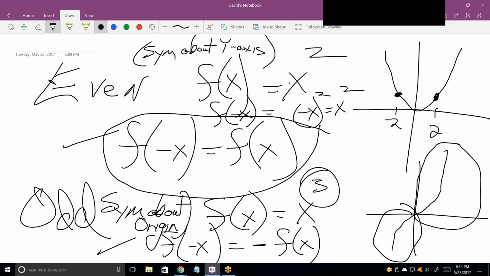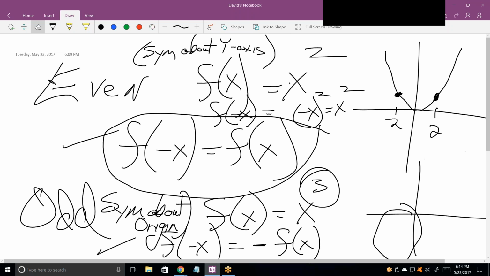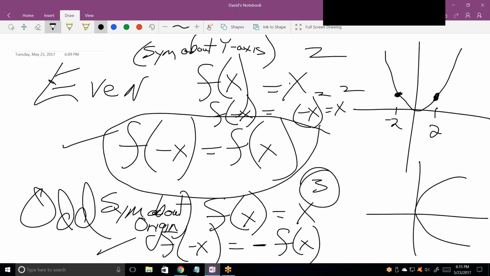There is no symmetry about the x-axis for a function. Notice that if I had symmetry about an x-axis, it would have to look something like this. Well, that does not pass the vertical line test. Boom.